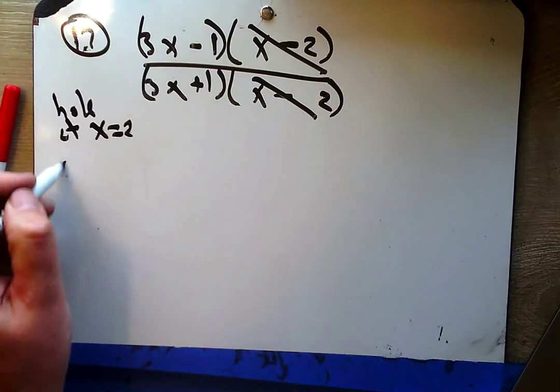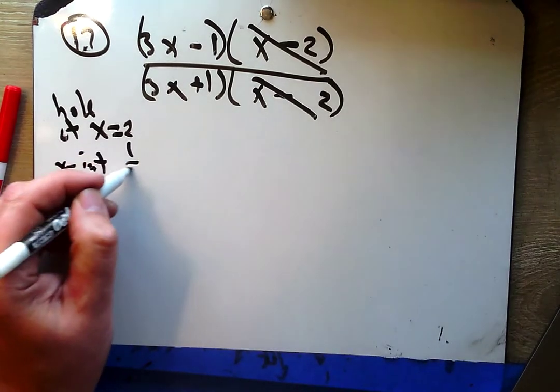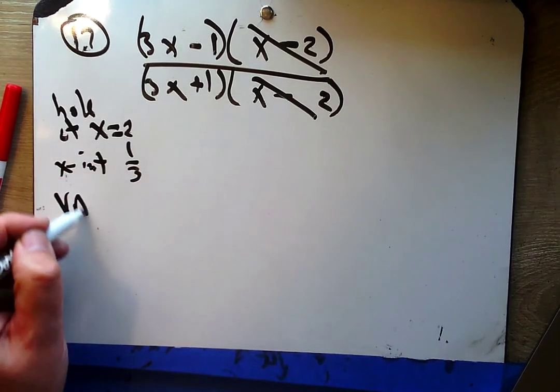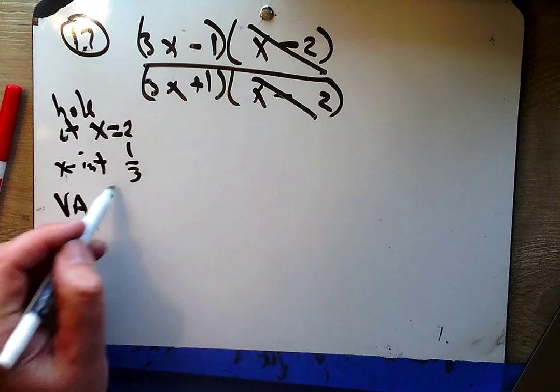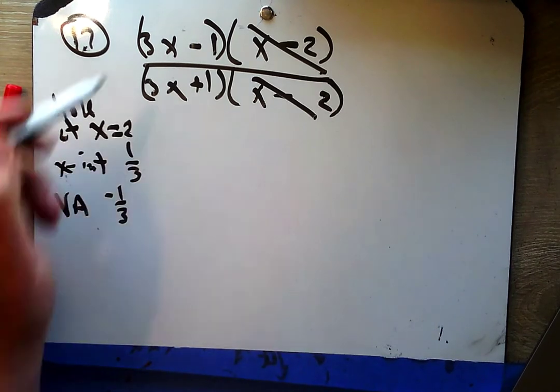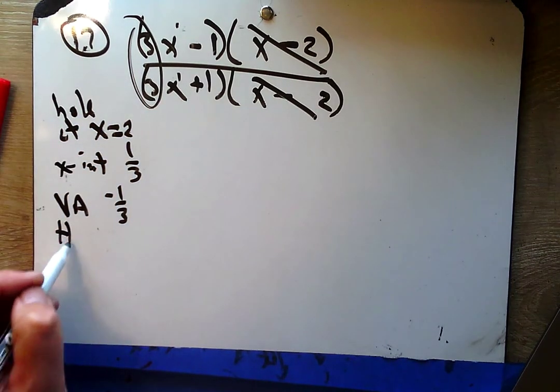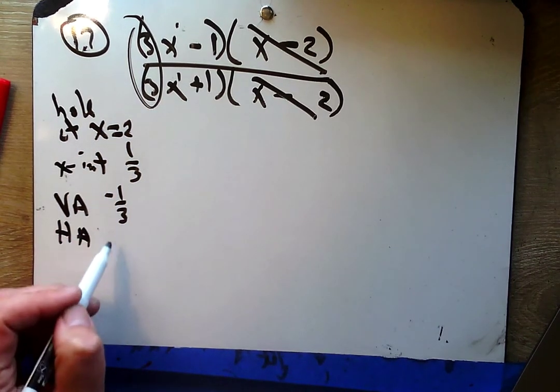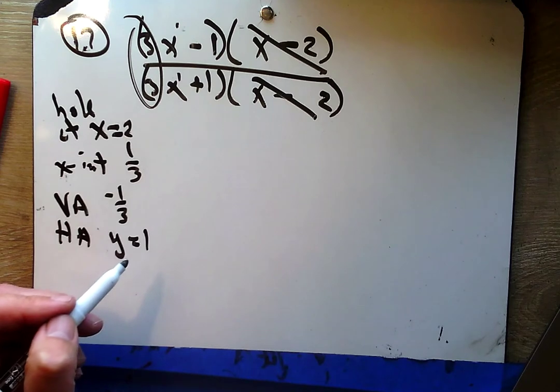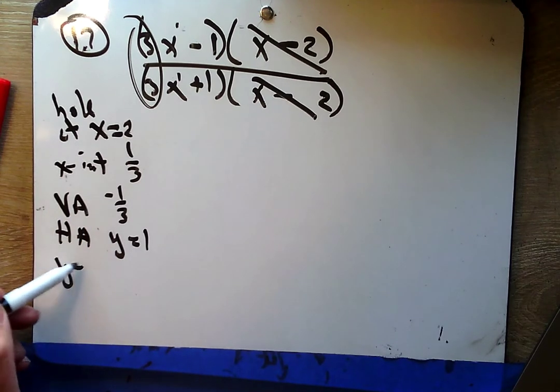We know our x-intercept is at 1/3. Our vertical asymptote, when I set this equal to 0, is negative 1/3. Our horizontal asymptote, because the degrees are the same, is going to be 3/3, or y equals 1. Do I need anything else? How about a y-intercept?